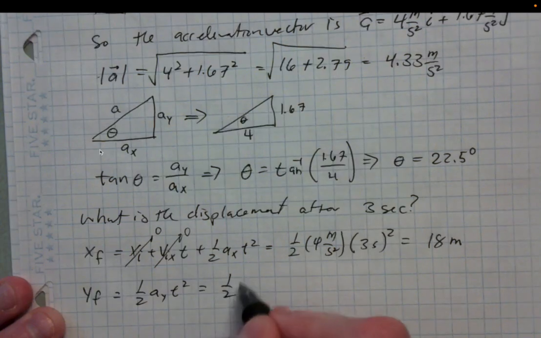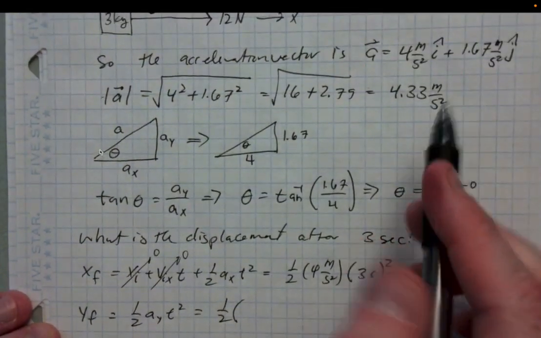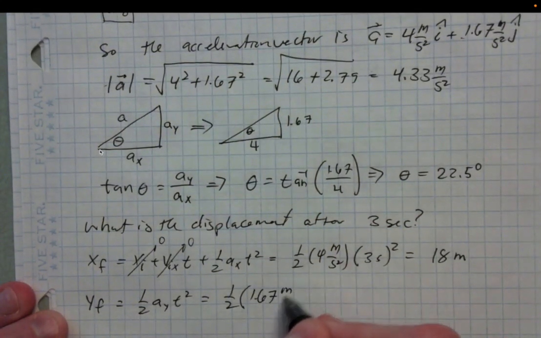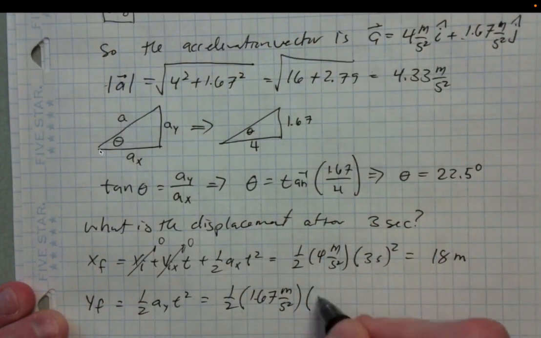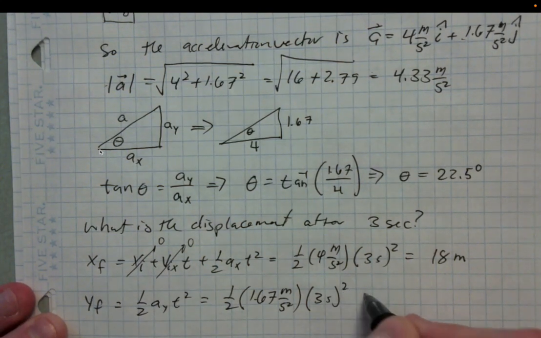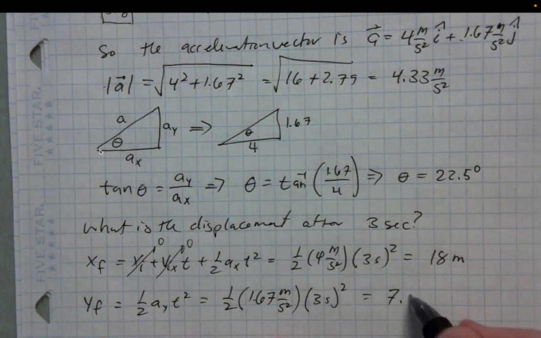The acceleration in the y direction we calculated up here as 1.67 meters per second squared, applied for 3 seconds. And when you do that calculation, you get about 7.52 meters.